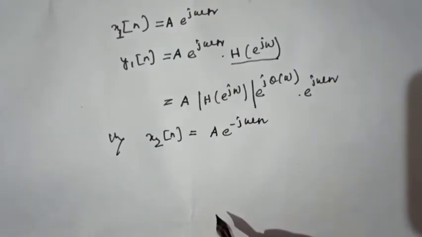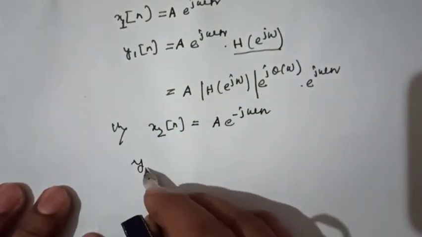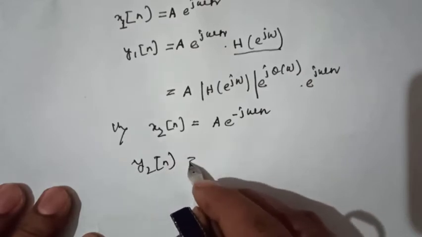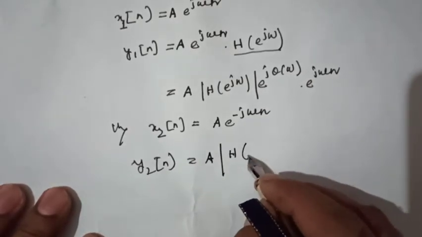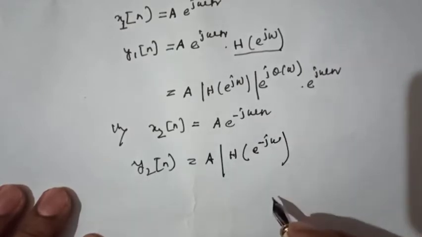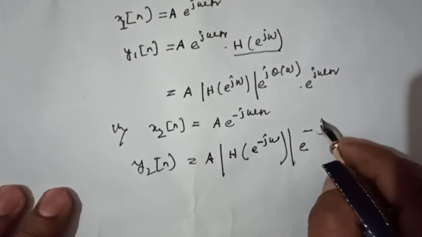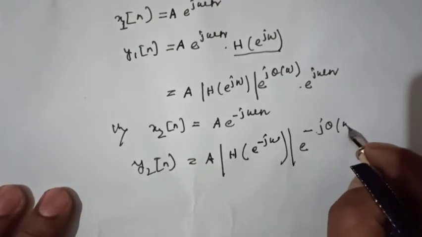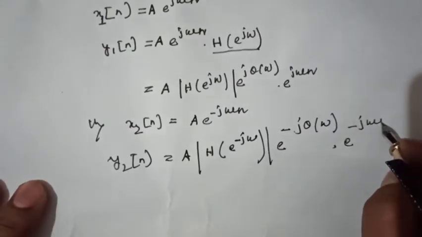Then what will be the output? y2 of n will be a, times H of e to the power minus j omega, that is e to the power minus j theta of omega, and e to the power minus j omega n.